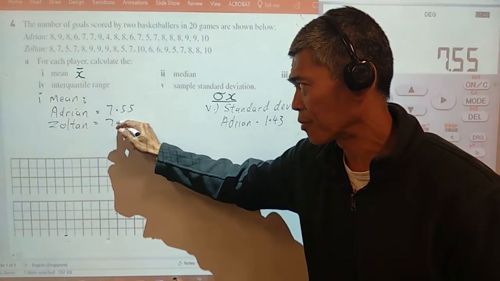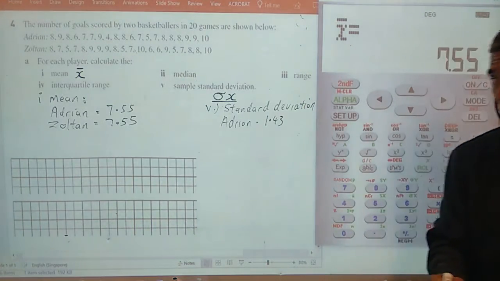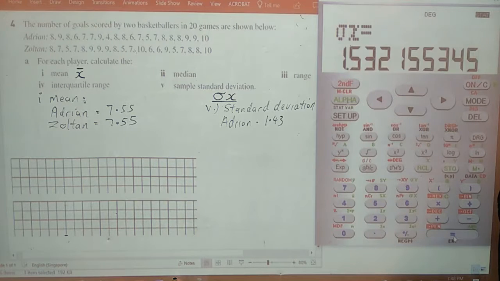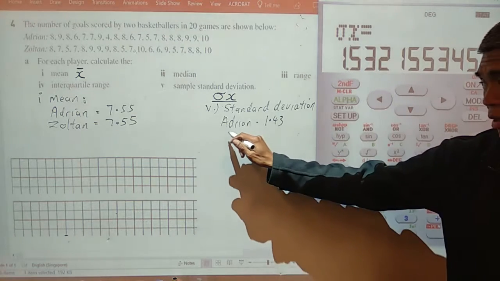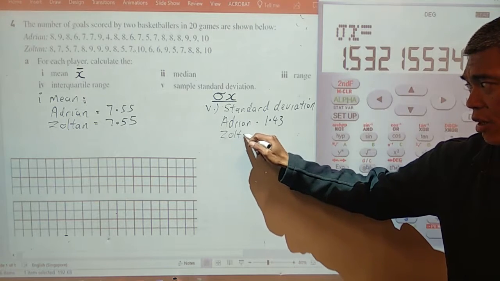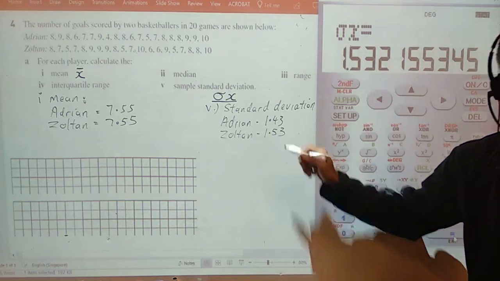Now let's take a look to see if Zoltan's scores have the same standard deviation as Adrian. So we're going to click on alpha, and we're going to click on standard deviation. Press the equal sign. That's 1.53. So Zoltan has a standard deviation of 1.53. Now, what does this mean?